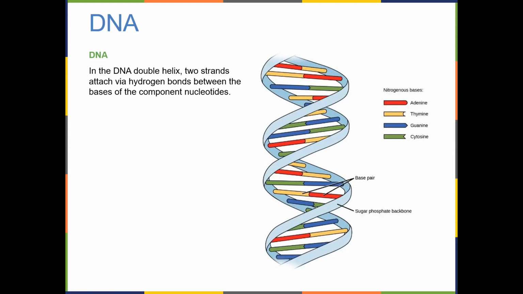When we say adenine binds to thymine and only thymine, that's complementary base pairing. The bases pair up, adenine to thymine, cytosine to guanine. Hydrogen bonds form there, and the shape of the molecule is determined by the hydrogen bonding. The hydrogen bonding causes the molecule to twist, and that forms the spiral staircase shape, or the twisted ladder shape.